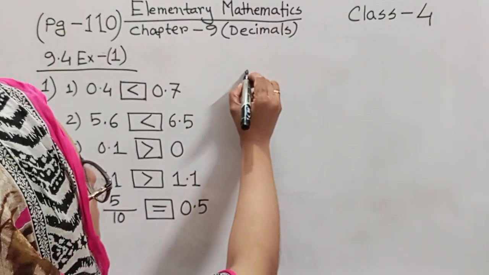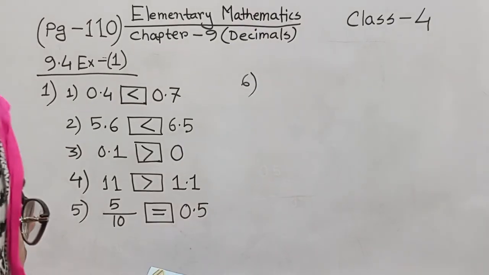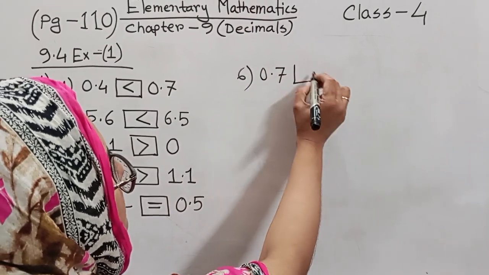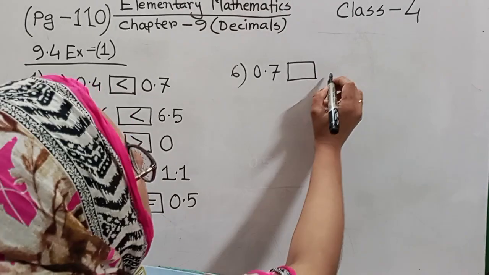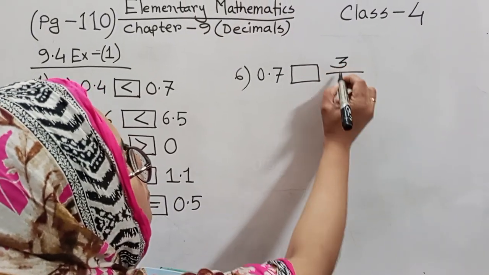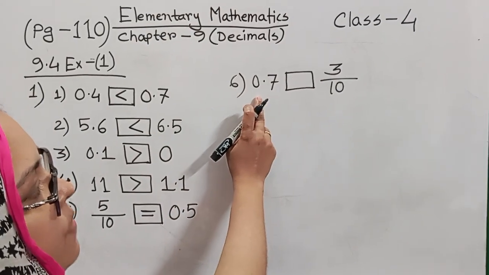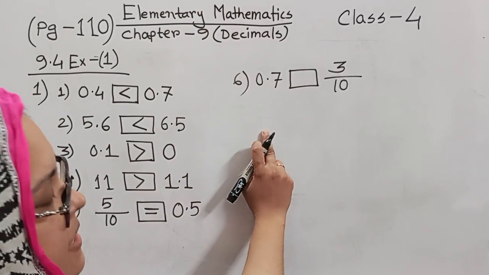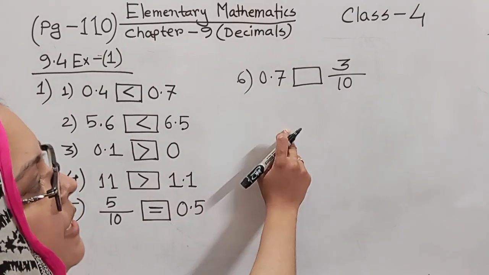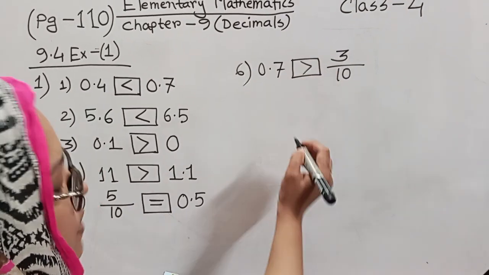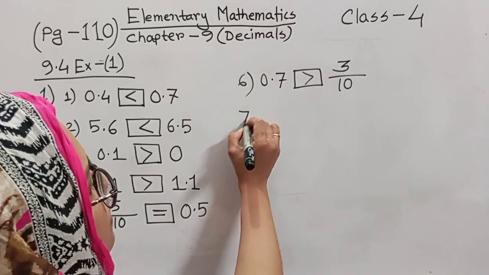Now we will go to question number 6. 0.7, the blank space, 3/10. So if we want to remove the decimal point from 0.7, it will be 7/10. So obviously 7/10 will be greater than 3/10. So the greater sign will be here.